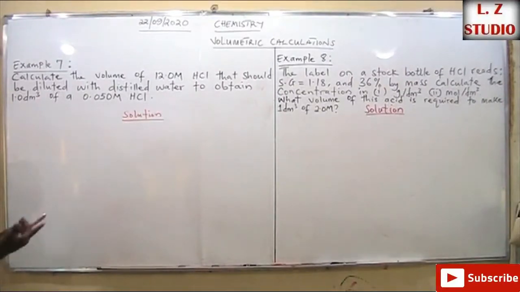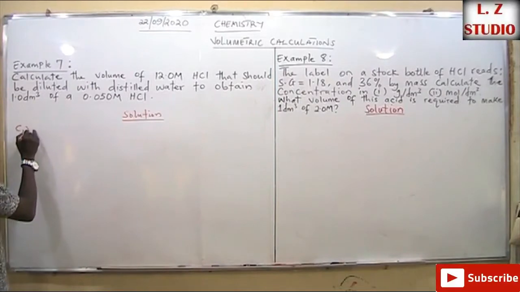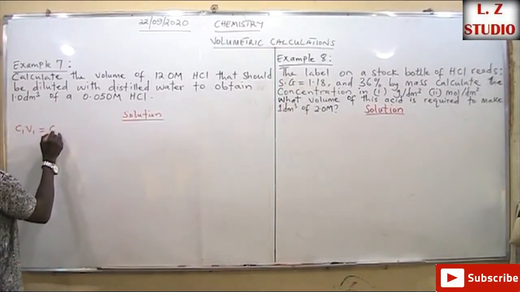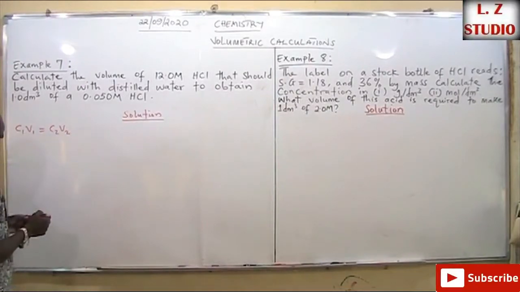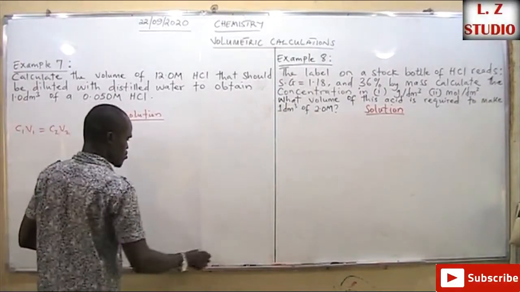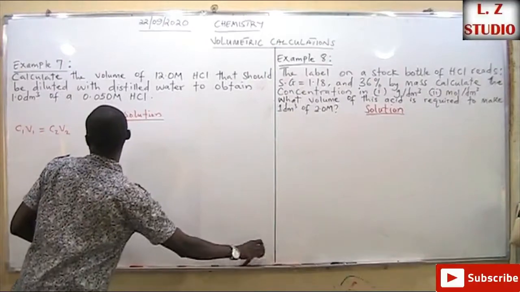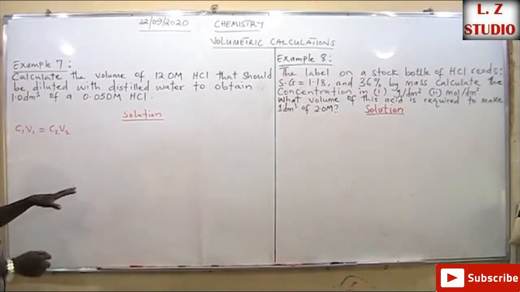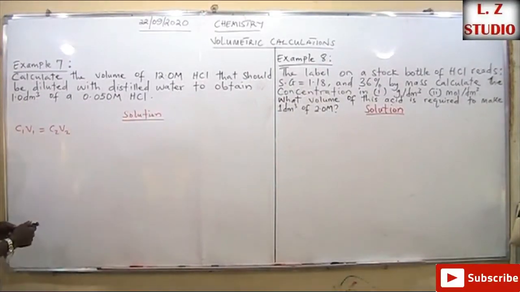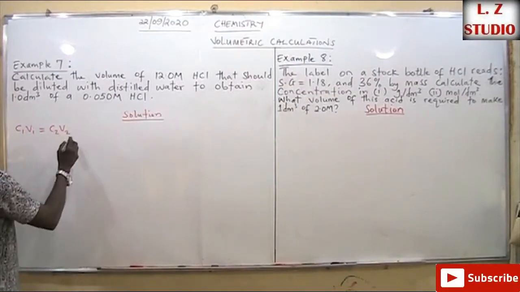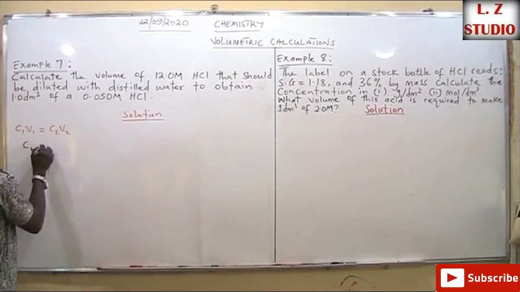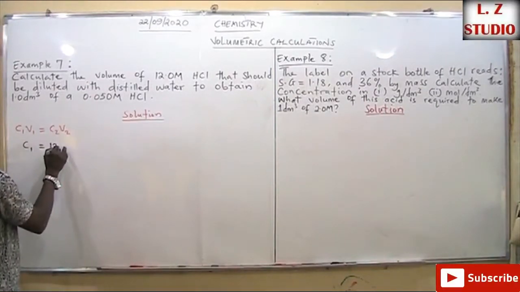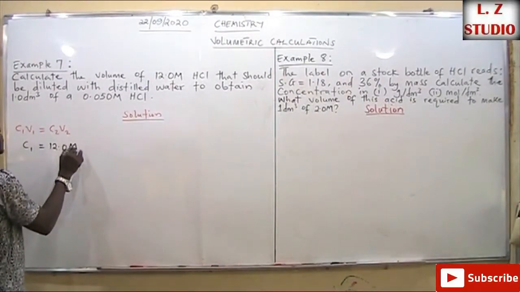So we are still going to make use of our dilution formula, which says that C1 V1 is equal to C2 V2. In this case, what we are going to do is bring out the parameters in the question. From the question, C1 is equal to 12.0 molar.